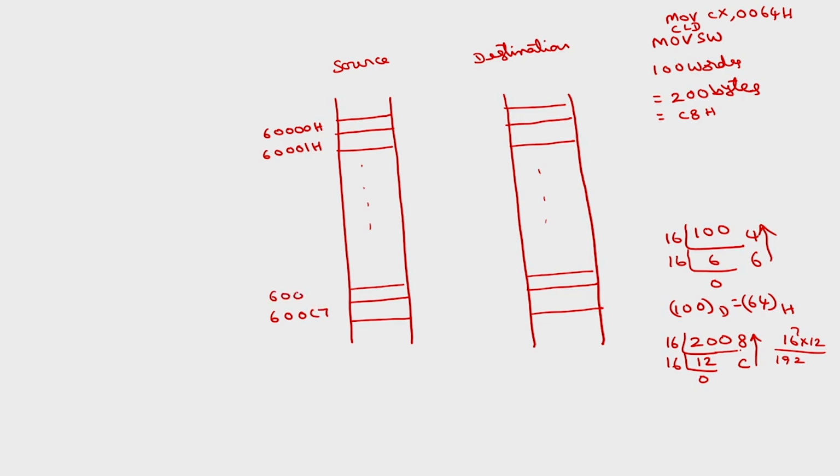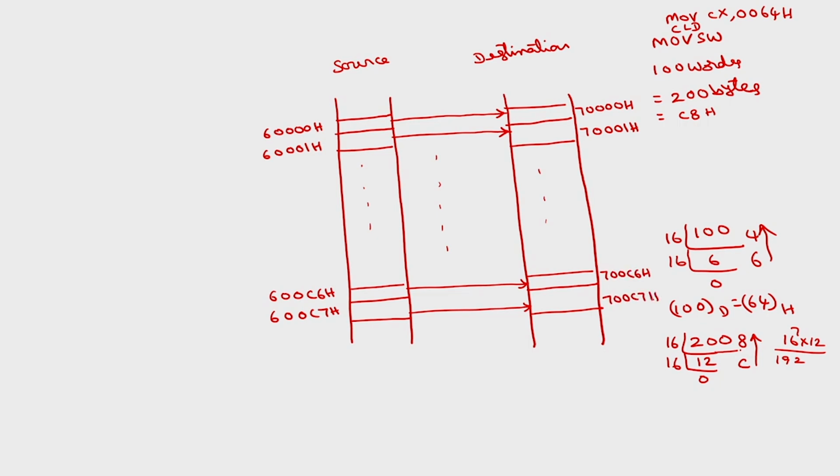This will be 600C6. So totally 200 bytes or 100 words will be transferred. This will be 70000H, 70001H, so on up to 700C6H, 700C7H.